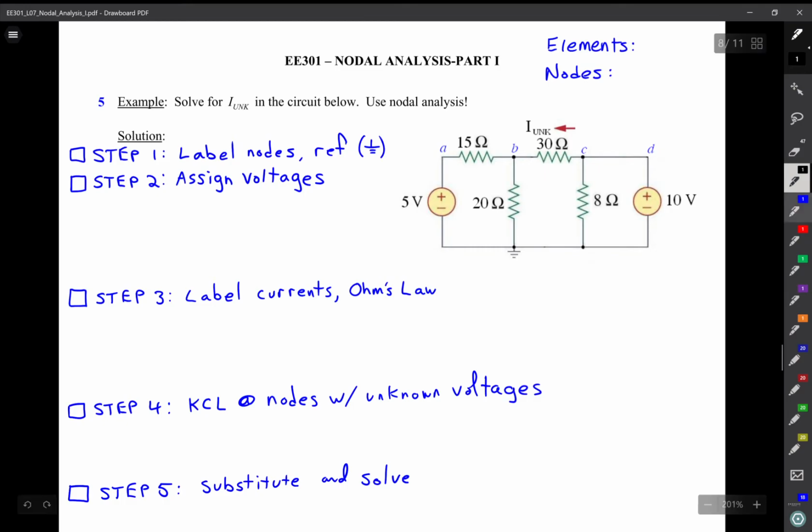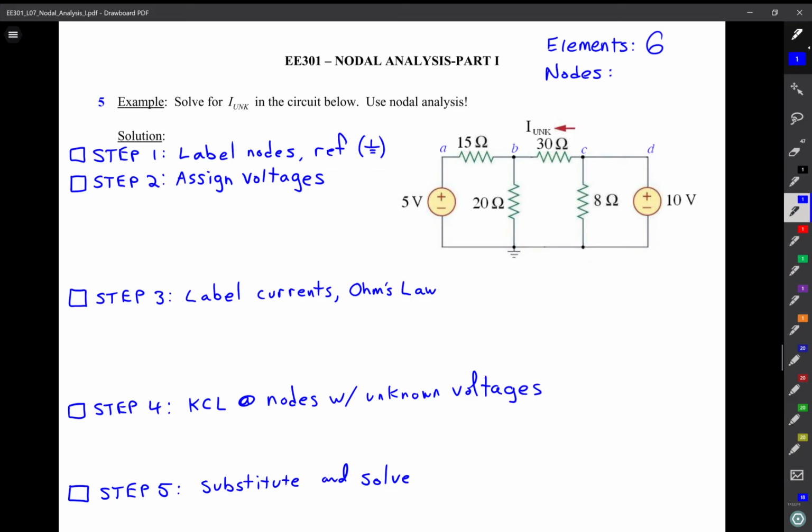Okay, so the first question I want to ask is, how many elements are in the circuit? Well, there's again 2 voltage sources and 4 resistors. So 1, 2, 3, 4, 5, 6 elements. How many nodes are there in the circuit? Well, they're actually labeled here, which is nice.